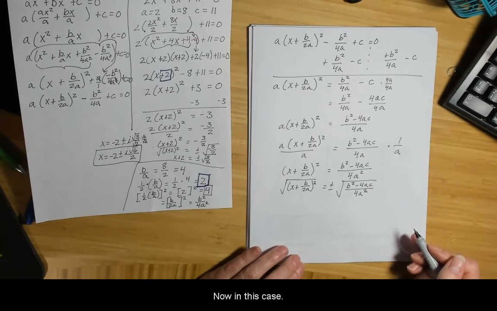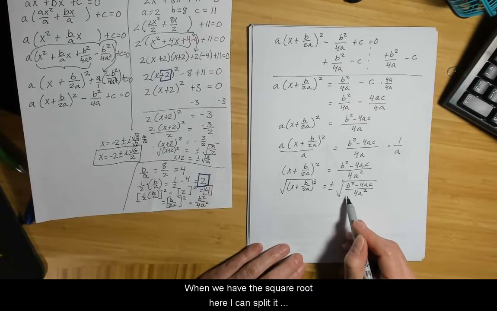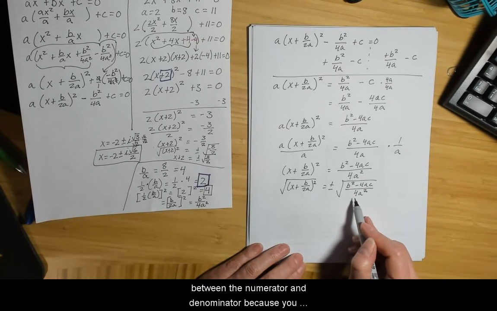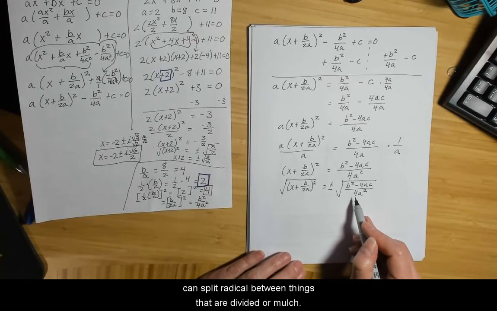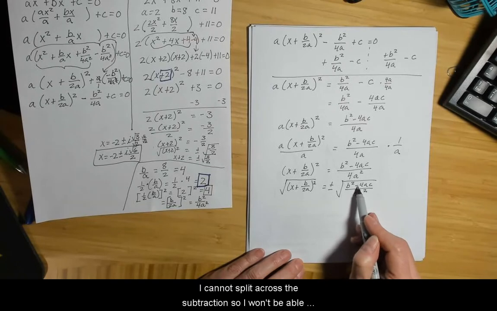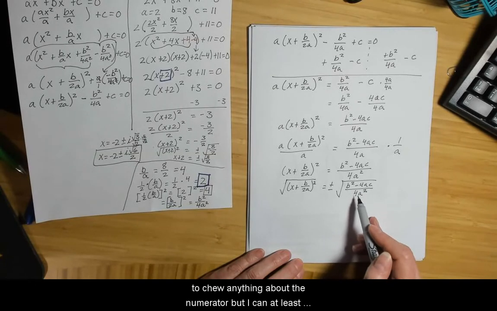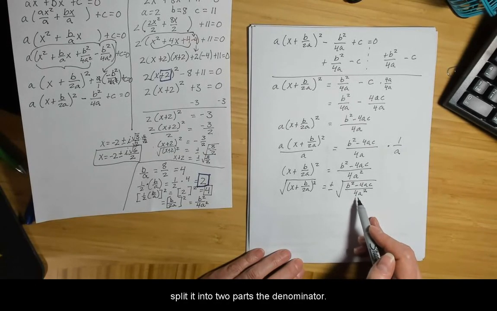Now in this case, when we have this square root here, I can split it between the numerator and denominator, because you can split radicals between things that are divided or multiplied. I cannot split across the subtraction, so I won't be able to do anything about the numerator, but I can at least split it into two parts for the denominator.